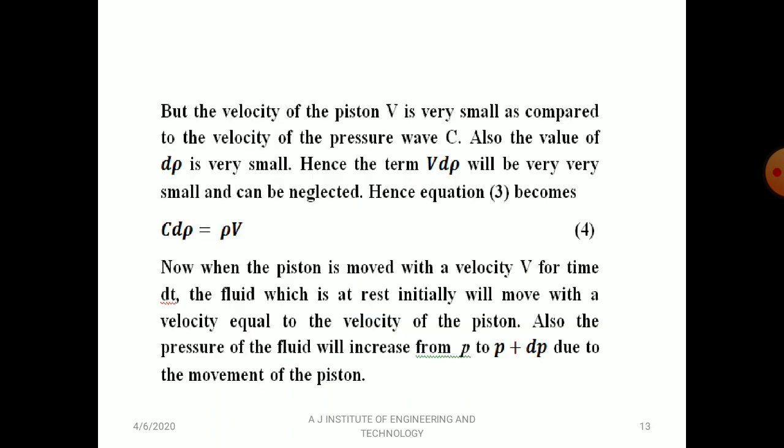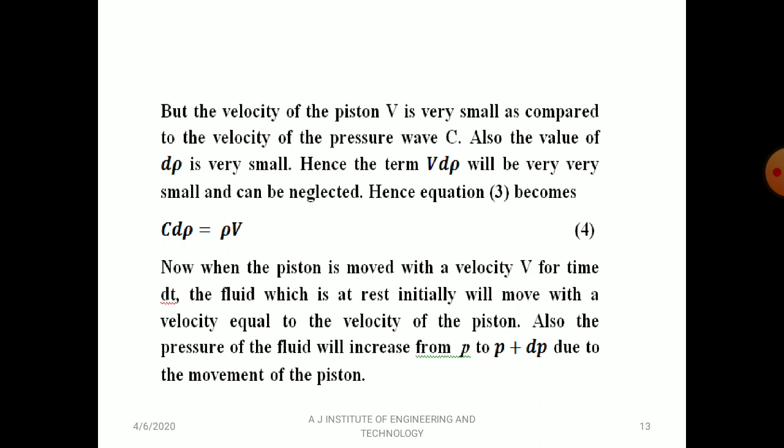But the velocity of the piston V is very small as compared to the velocity of the pressure wave C. I already discussed this. Also the value of d rho is very small. Can you guess the reason for this? This is because the change in density is very small compared to the initial density. So d rho is very small, and V is very small compared to the velocity of the sound wave or disturbance.